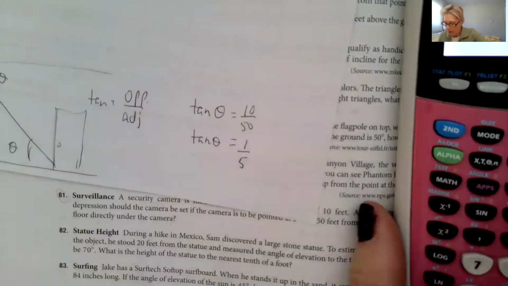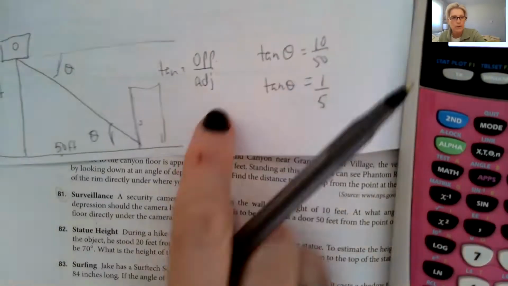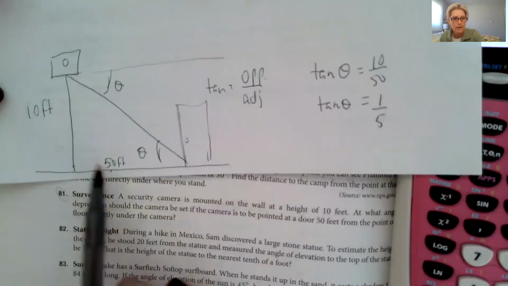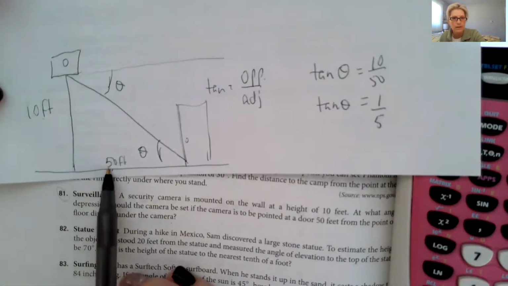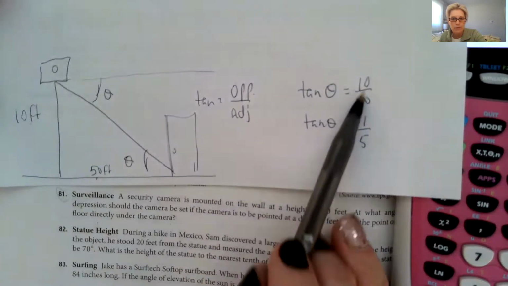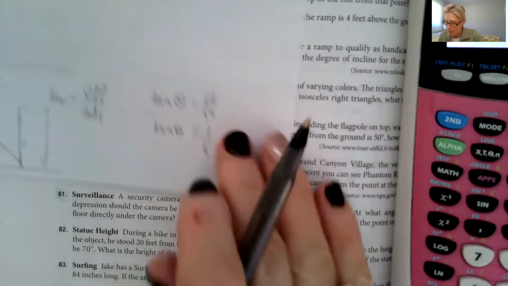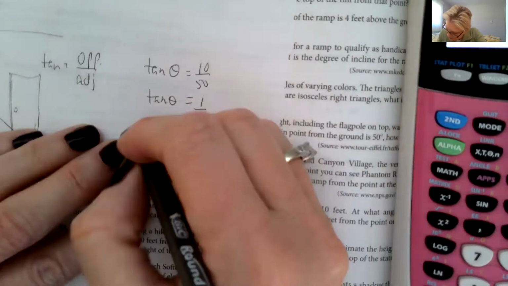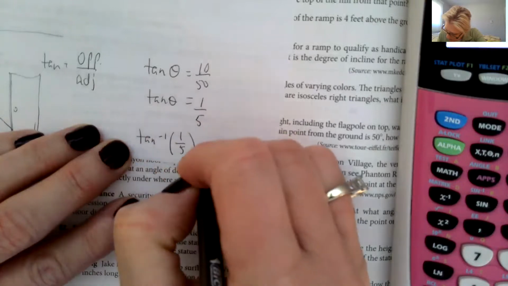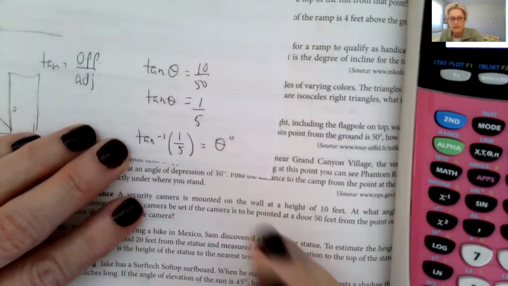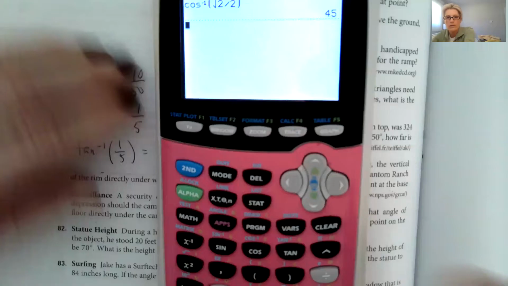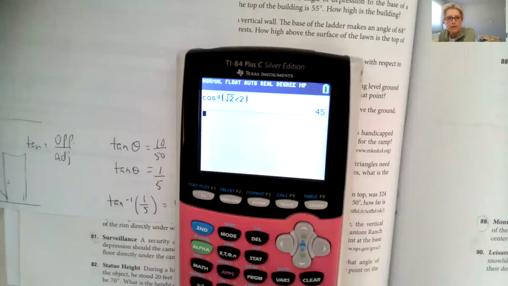So on number 81, we can also do that because we want to know the tangent, where we have the value opposite and we have the length adjacent. So we know that ratio opposite over adjacent is 10 over 50, 1 over 5. So we can do the inverse tangent of 1/5 to get theta in degrees. So I'm going to look this up on the calculator.